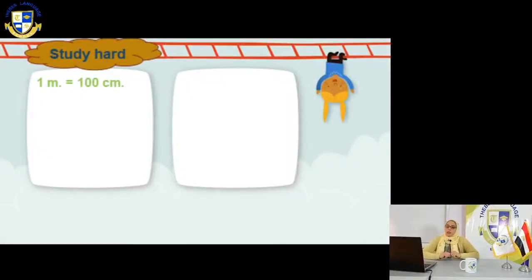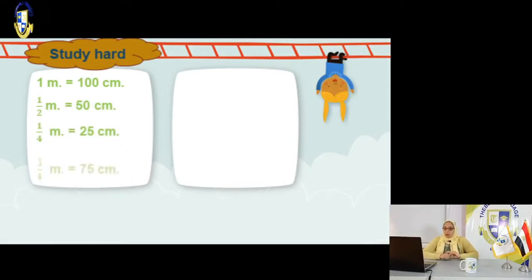Now, we have a very important measurement. We must study it hard: 1 meter equals 100 centimeter. Half meter equals 50 centimeter. Quarter meter equals 25 centimeter. 3/4 meter equals 75 centimeter.